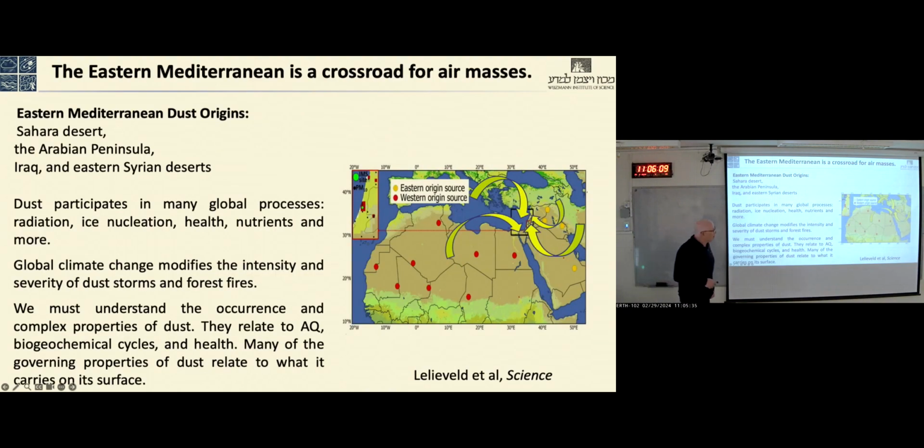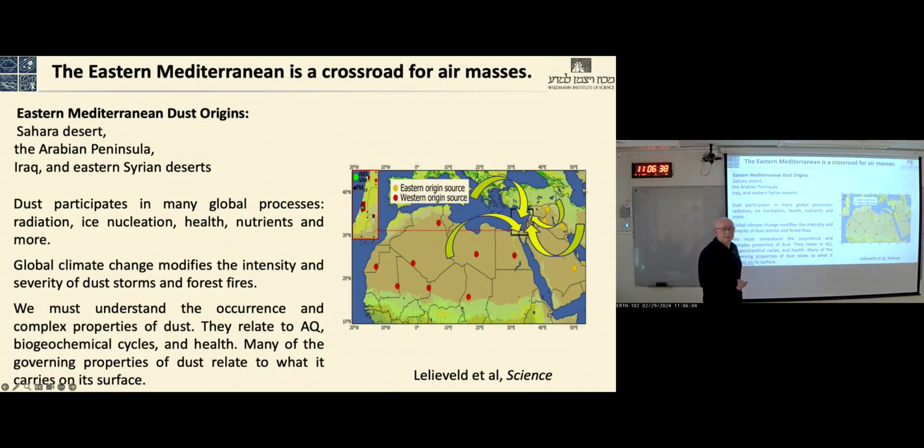Now when we're talking about the Eastern Mediterranean, we are talking about a very interesting crossroad for many different types of transport from desert regions. We have desert regions here in North Africa, the Libya, Algeria region, that is transported to Israel, but we also have dust that comes from the south and eastern part, from Saudi Arabia.